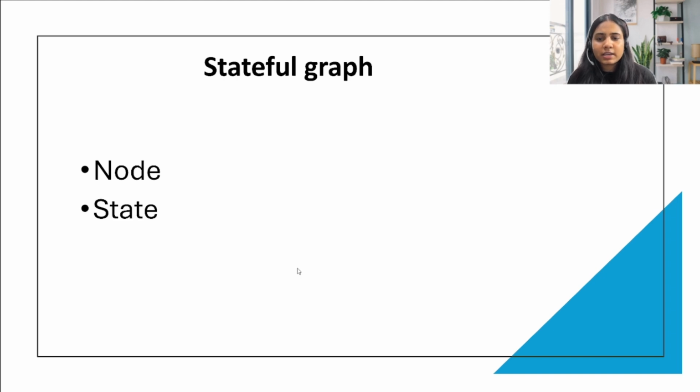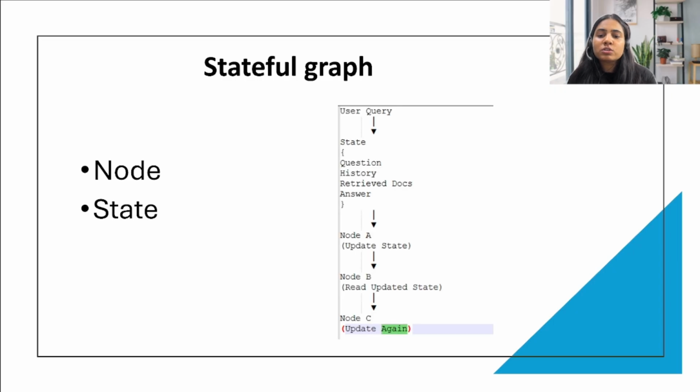Then state. State stores all the information generated during the workflow execution, because we have to pass that information to another step. So we have to store that information, and we don't want to lose it. After every step, every node that ends will have the current state data, because that process is done.